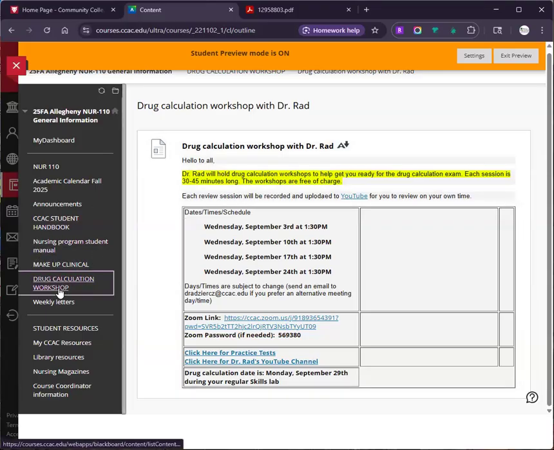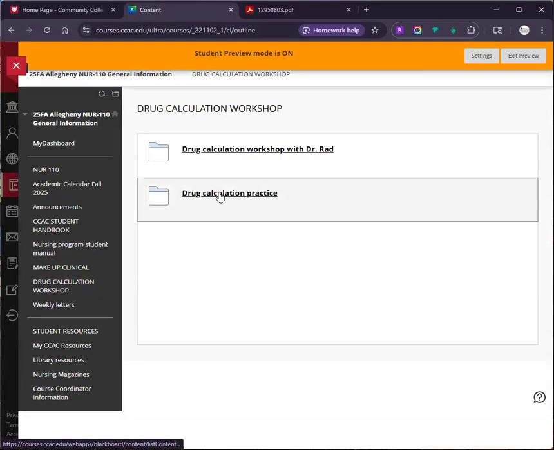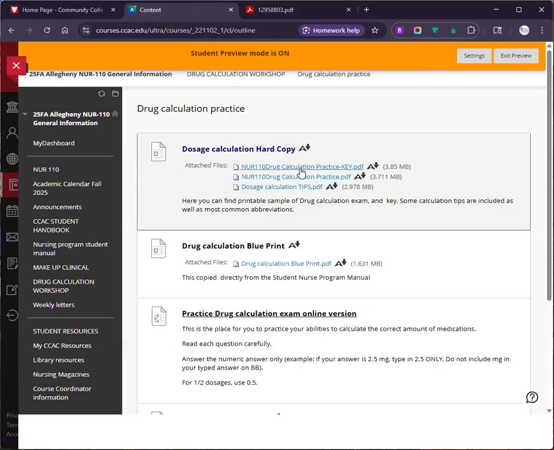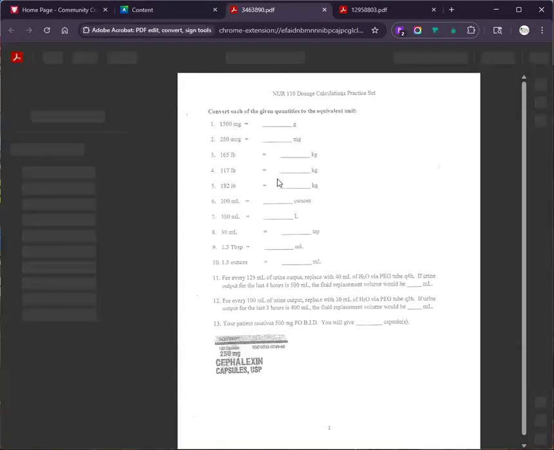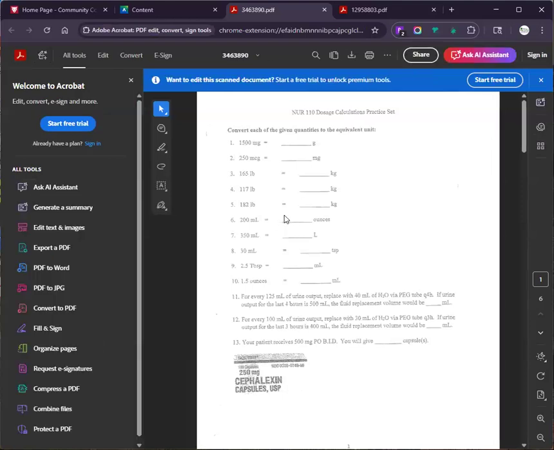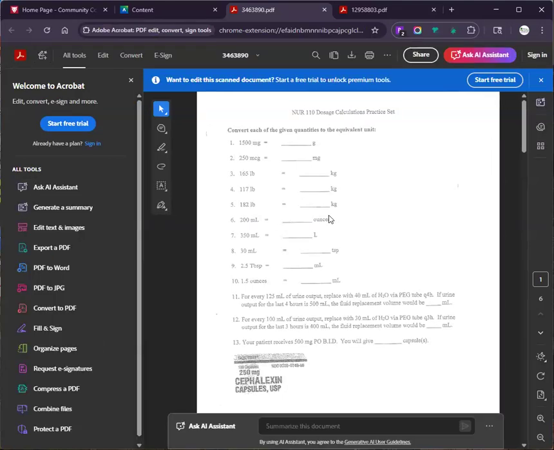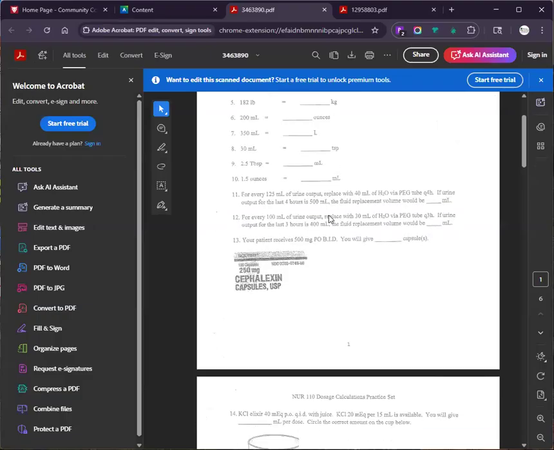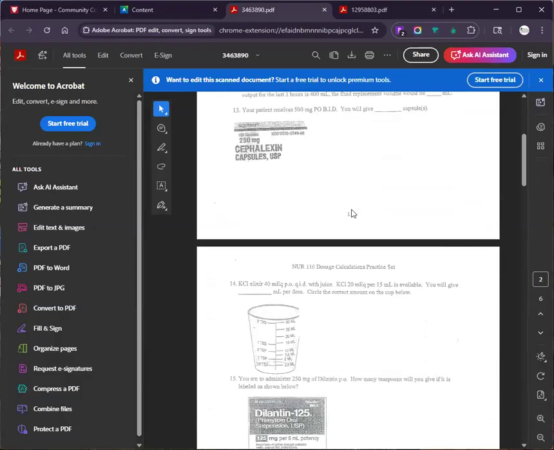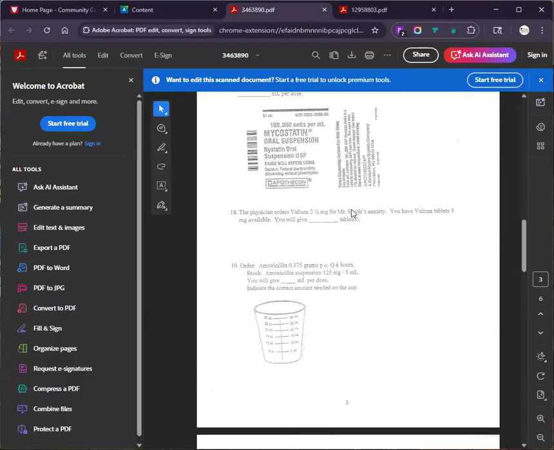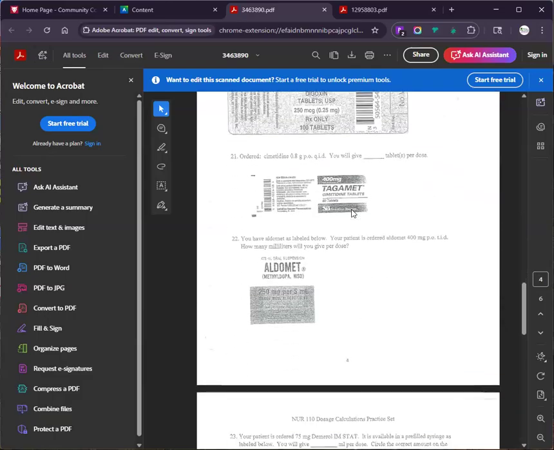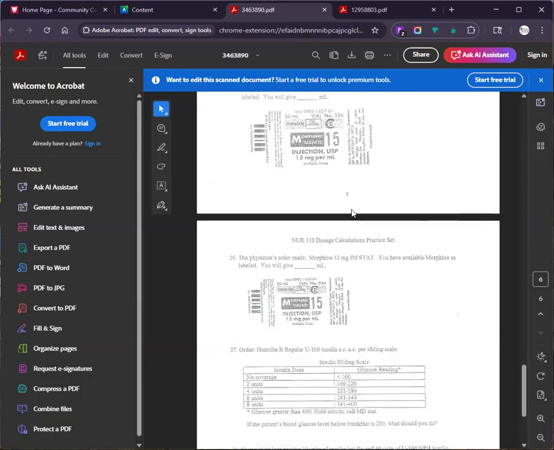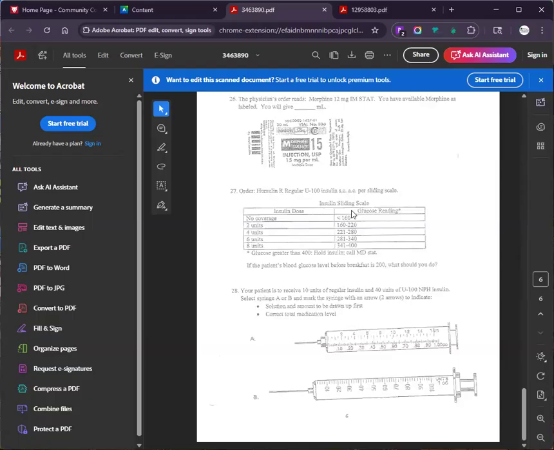All right, going back to the workshop page, to the practice folder, there's a couple of things. There's a hard copy, meaning you can open this up and print it off on campus, and you should be able to work through this. We can work through this together, of course, and I'll show you how to answer a lot of these questions so that you're more than prepared.